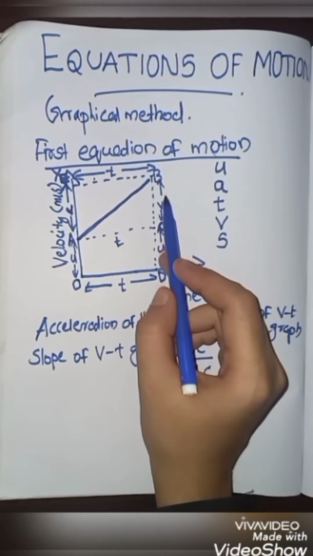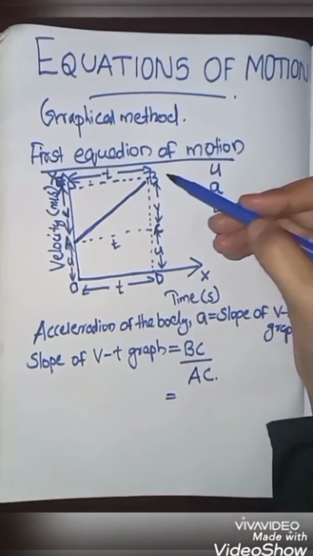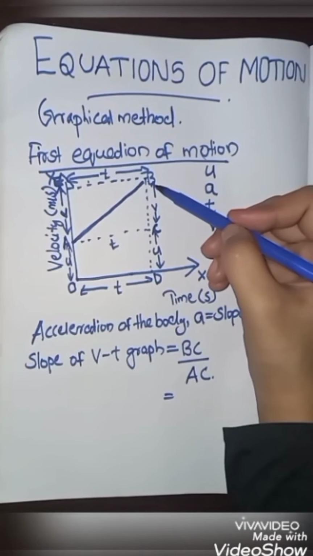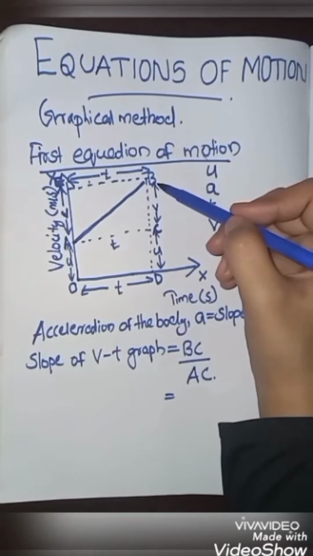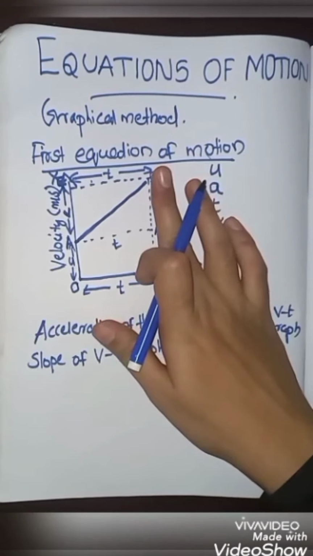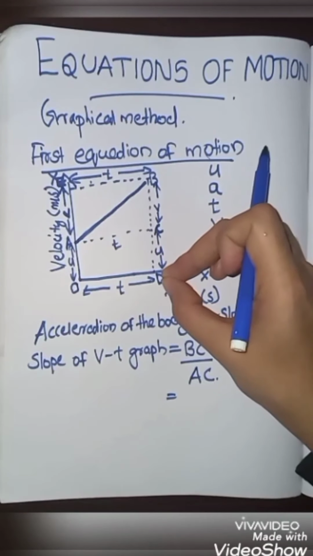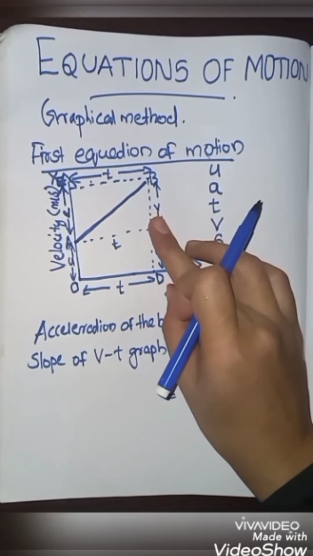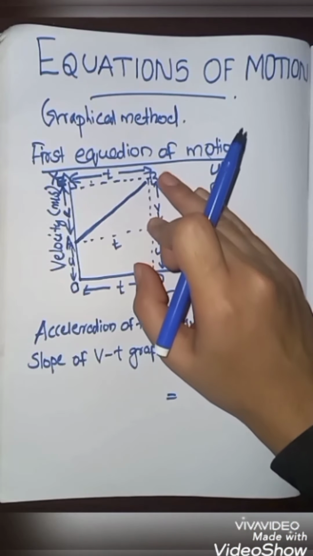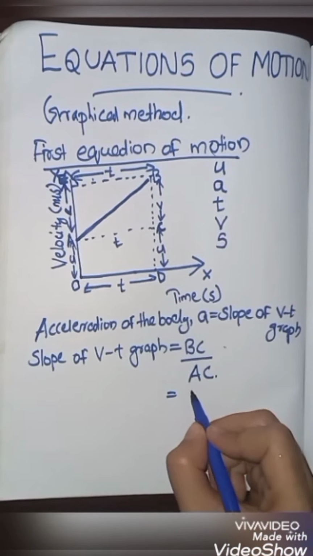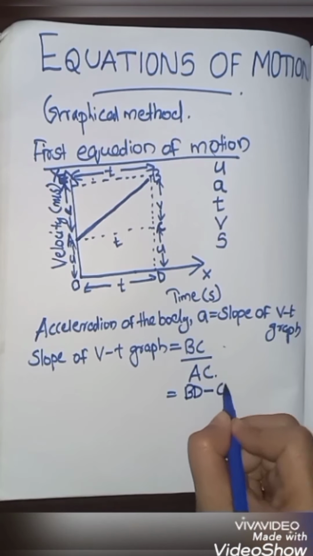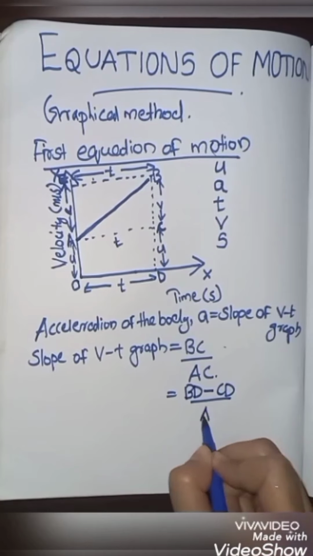Here BC can be written as BD minus CD. BD is the total, then minus CD gives BC. So BC can be written as BD minus CD, all divided by AC.